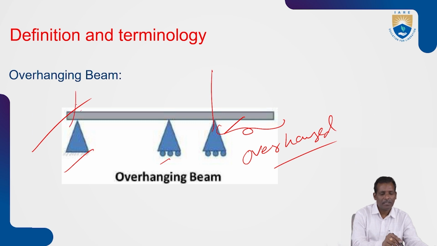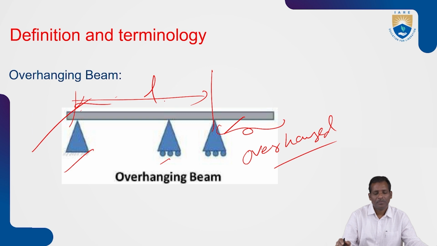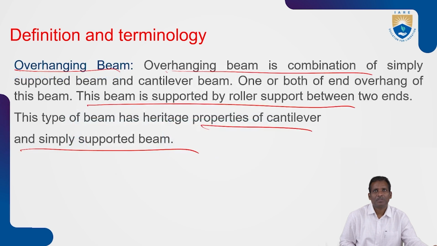So up to here, this is a simply supported beam, but this one is overhanging. So this type of beam is called an overhanging beam, a combination of simply supported beam and cantilever beam.